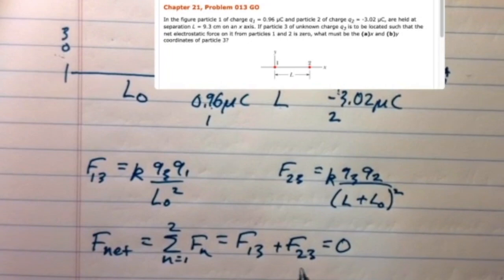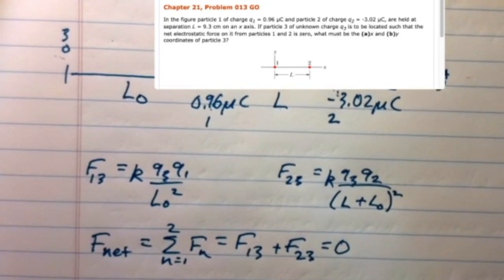Okay, so these are my conditions here. So then I'm going to say, okay, I will have K times Q3 times Q1 over L0 squared plus K times Q3 times Q2 over (L plus L0) squared.